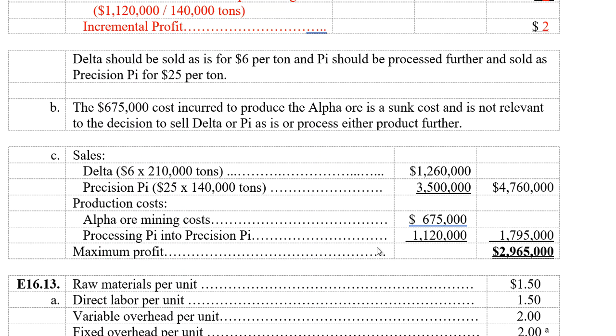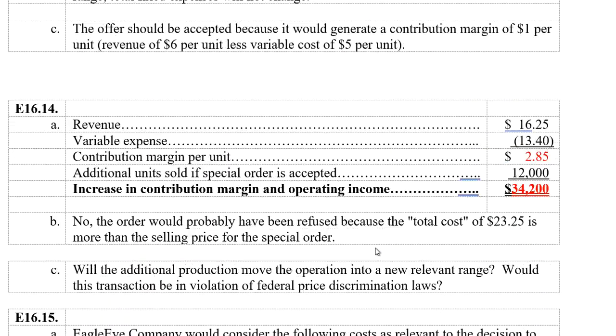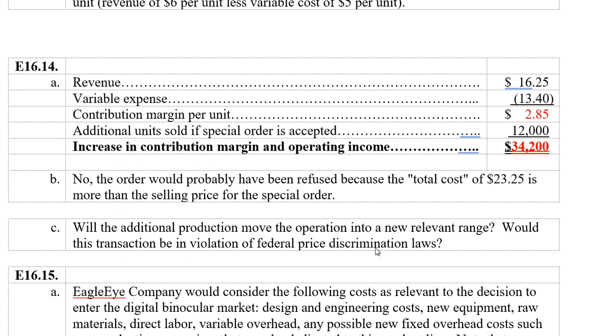Let's look at some more common sense down here at 16-14, where you have a Sherlock company that's making locks and selling those locks at a price of about $31 per lock. And they have a cost per lock of $23.25.